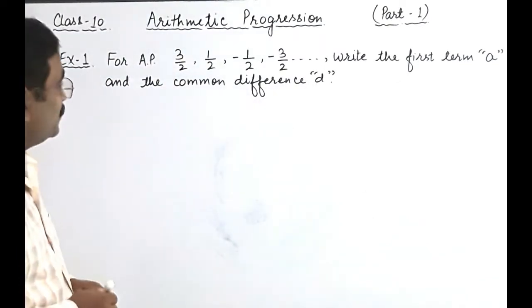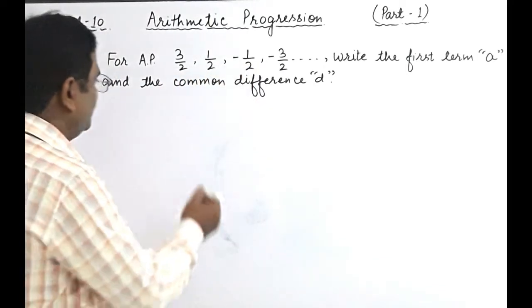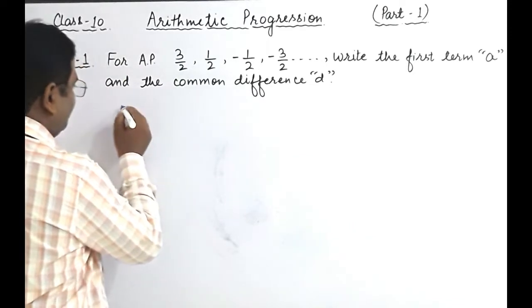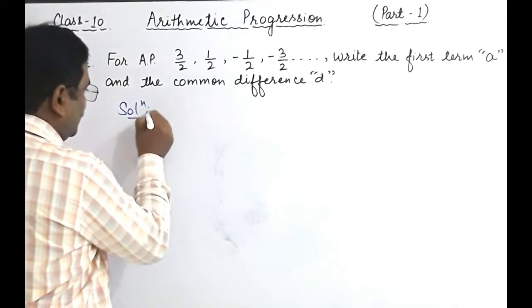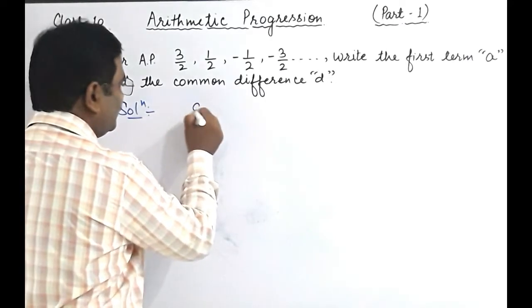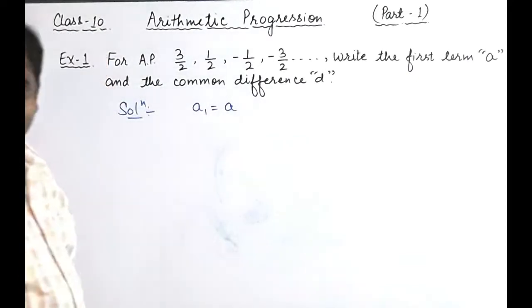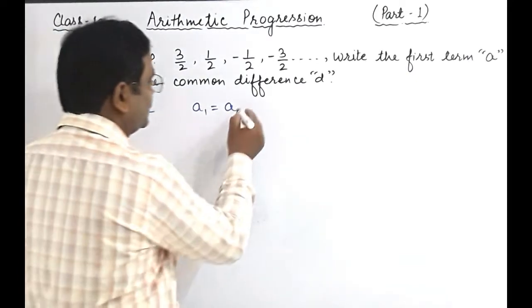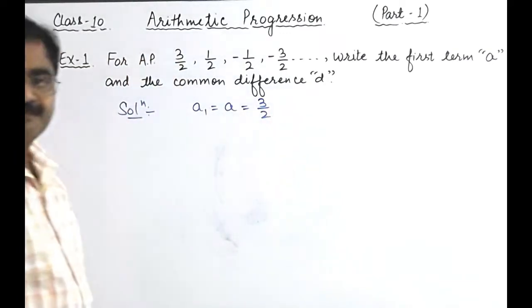As you see in this arithmetic progression, its first term is a, and this a is called the first term, and the first term is given here as 3 upon 2.